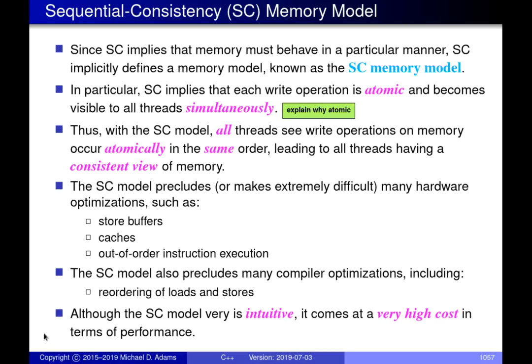But the downside of sequential consistency is that you pay a huge price in terms of performance, because it makes such strong guarantees that the hardware is basically precluded from doing almost any useful optimizations it would want to do: no caches, no out of order instruction execution, no reordering of loads and stores, either by the processor or by the optimizer, and so on.